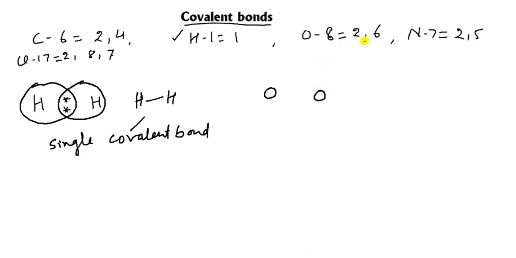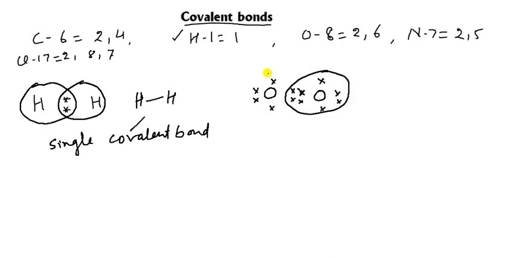Now let us see what will happen in oxygen. Oxygen's outermost shell has 6 electrons: 1, 2, 3, 4, 5 and 6. And this atom also has 1, 2, 3, 4, 5 and 6.